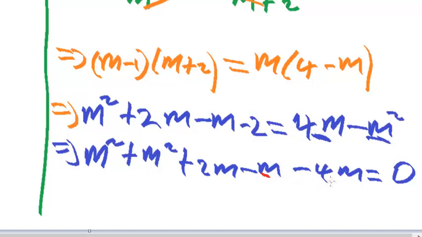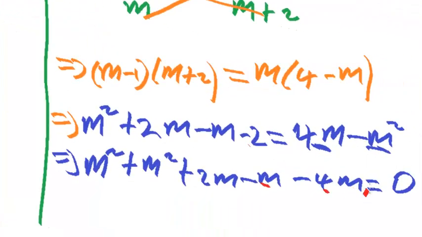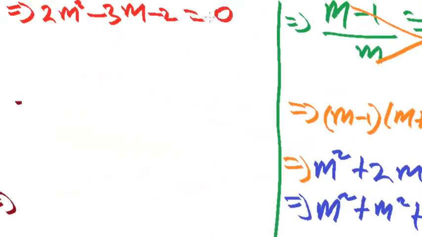That is this and this. 1m minus 4m is negative 3m. Then I have 2 here, which I omitted. So minus 2 here. Then I have minus 2 equal to 0.